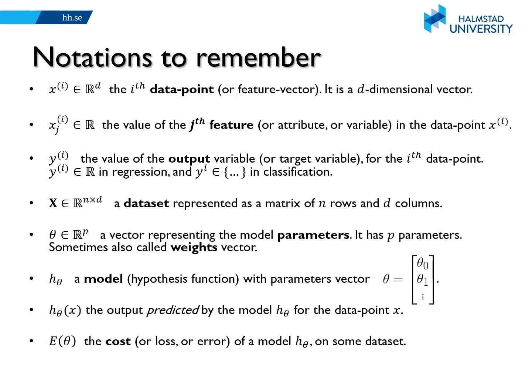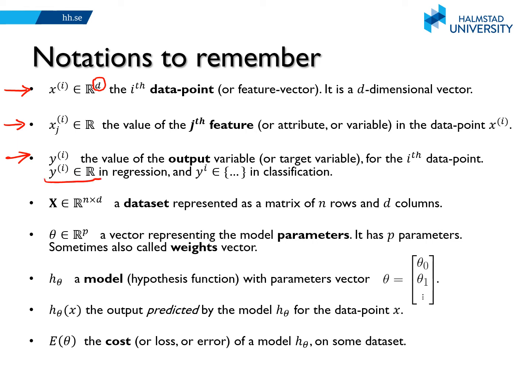Okay, so here are some notations to remember. xi refers to a data point or a feature vector. So it's a d-dimensional vector, where d is the number of features. xij is the jth feature value of the ith data point in our training dataset. yi is the output corresponding to the ith data point in our training dataset.